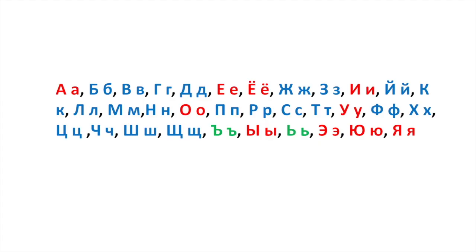As we can see in the previous part of the module, all these consonants we can start pronouncing: be, ve, ge, de, zh, z, i, k, l, m, n, p, r, s, t, f, kh, ts, ch, sh and shch.